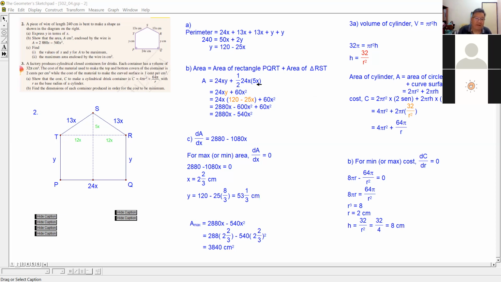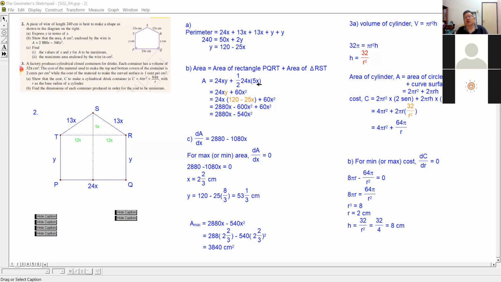They must give you some values, whether the value of the area, the volume, or the length, so that you can find the relationship between the two variables inside the formula. Once you find the relationship, you can eliminate one of the variables. When you eliminate one of the variables, your formula has only one variable left, A equal to something.